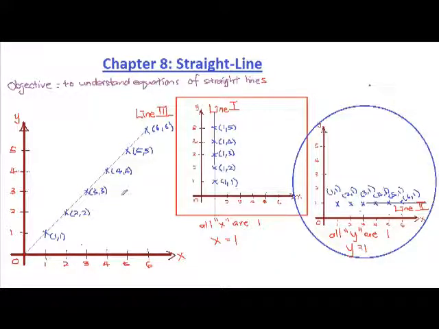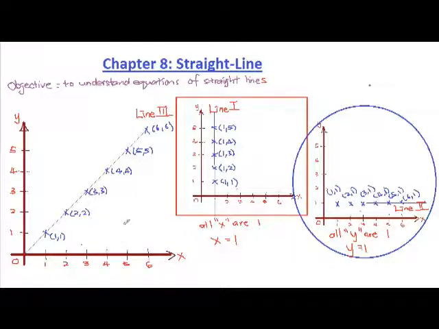For line 3, when we examine the value of x and y for each point on line 3, we discover that the value of x is always equal to the value of y. And this is common to every point on line 3.